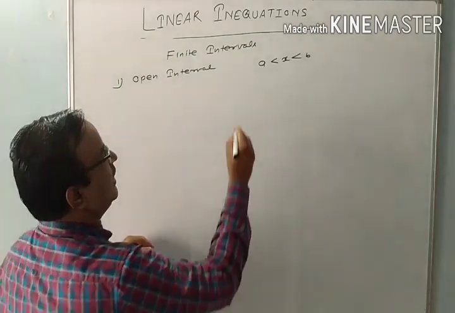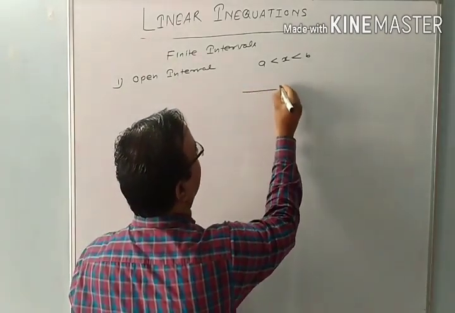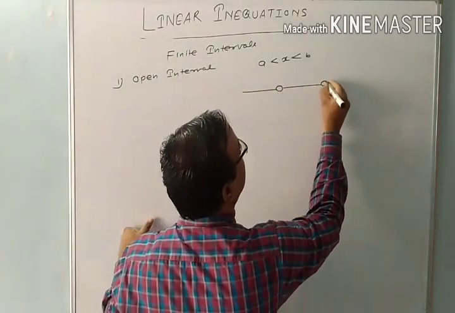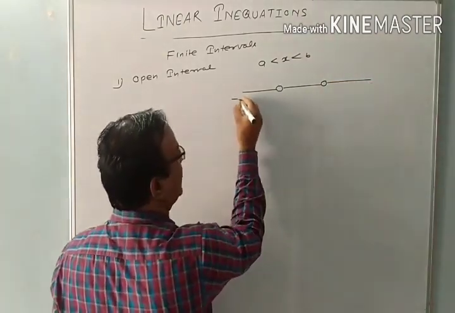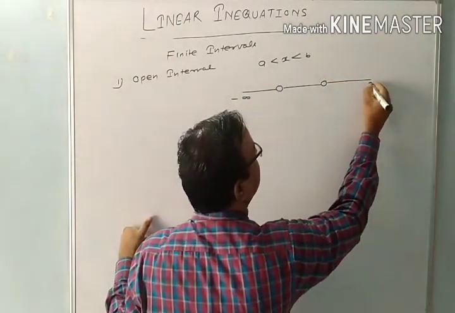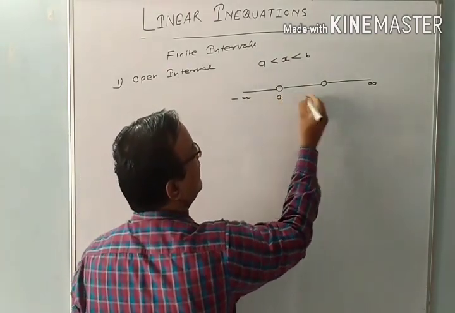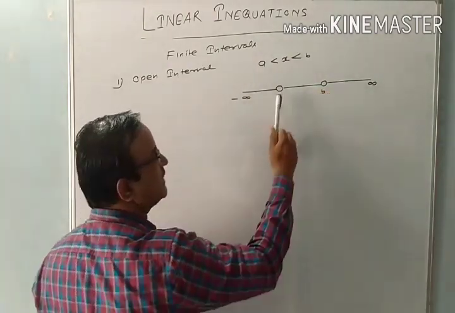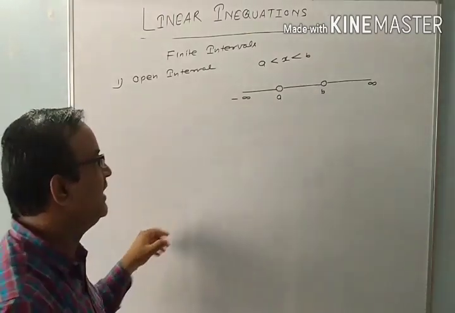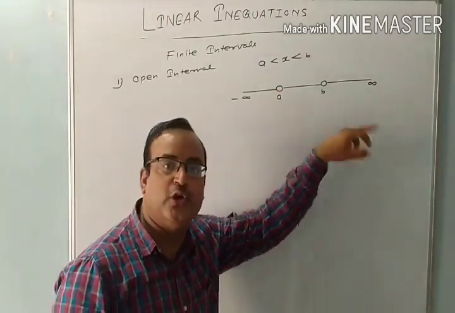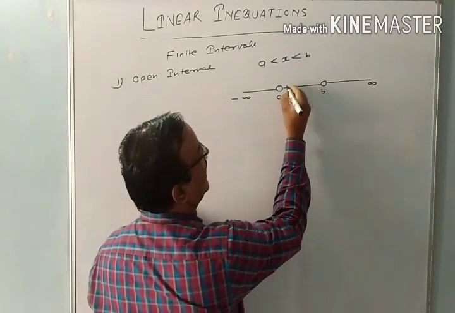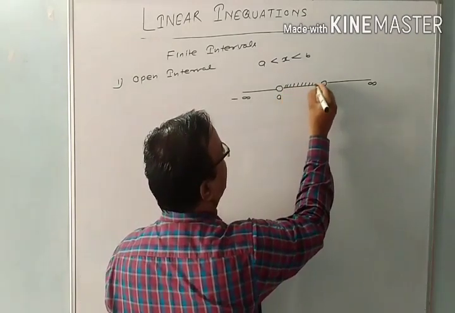And when we represent it on the number line, we write minus infinity, suppose it is plus infinity, and whenever we have to represent it, it is a and b. So this light circle represents that x is not equal to a, x is not equal to b. All the values of x lie between a and b.